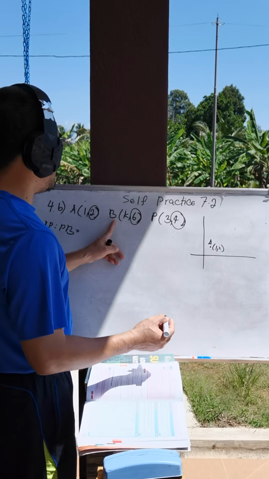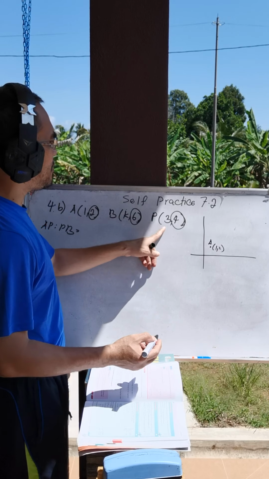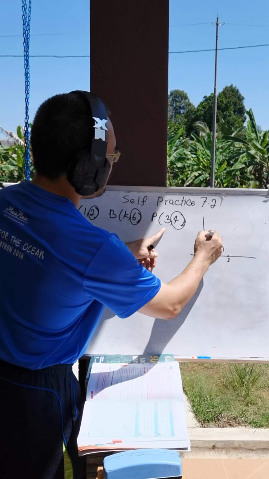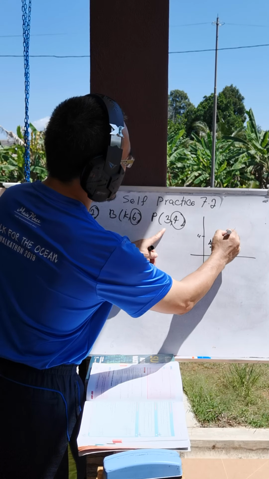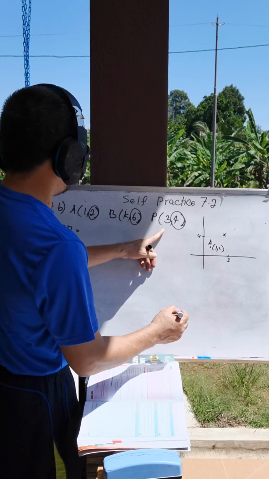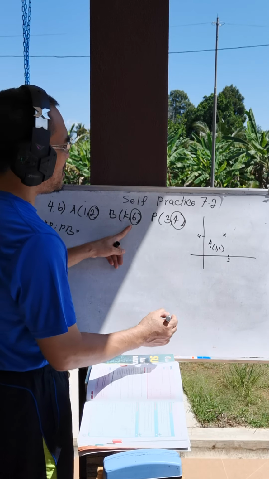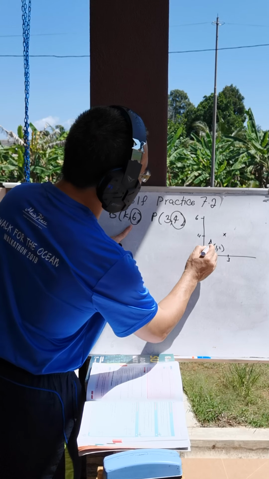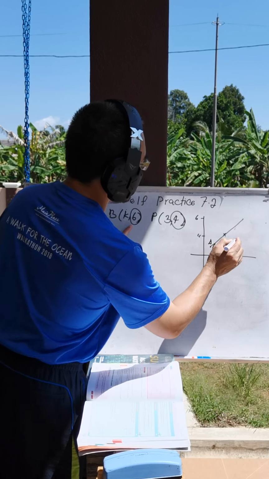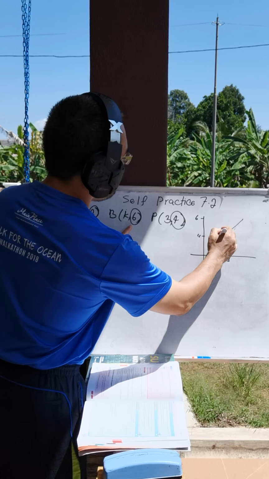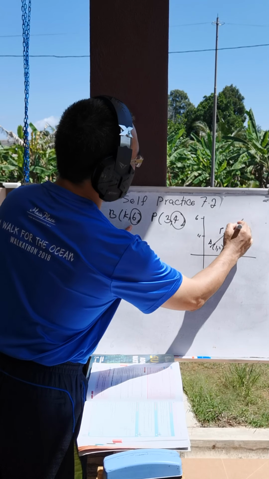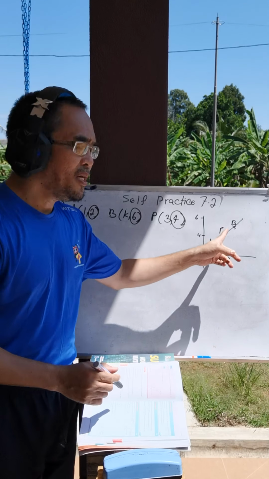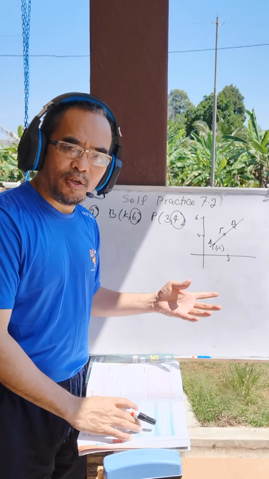In between A and B, there is P, which is 3, 4. So B will have Y equal to 6, here. It should be on a straight line like that. So A, P, and B.